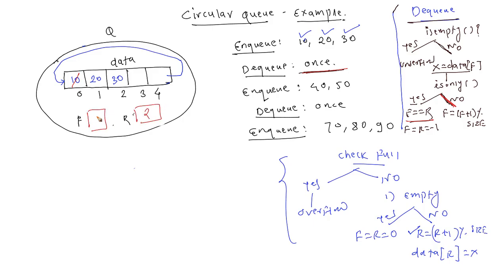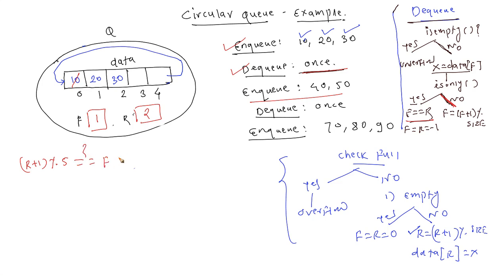R is 2 and F is 1. Now this operation is done. Let's do this operation, NQ 40. Again, this formula is Q full is R. How will you check that? R plus 1 mod 5 equal to F.